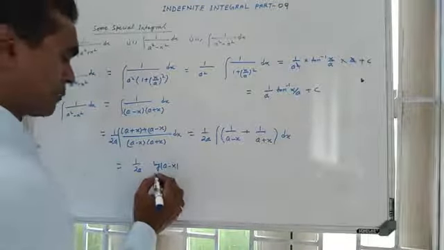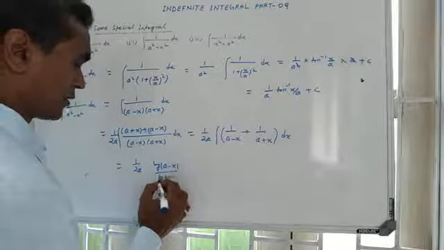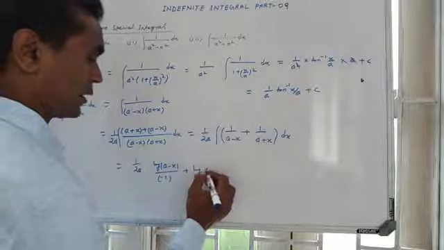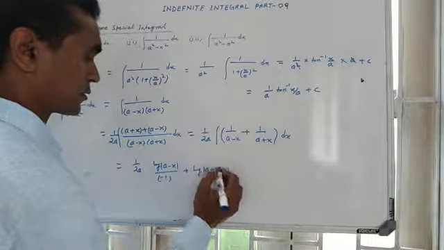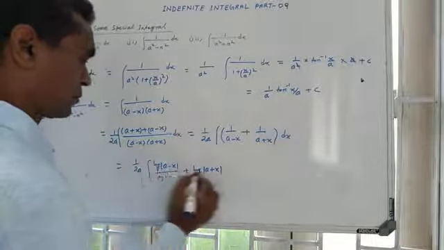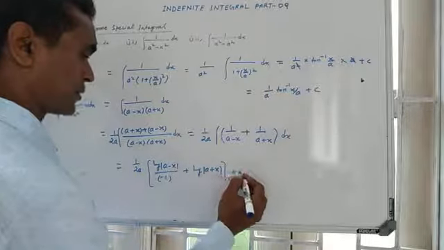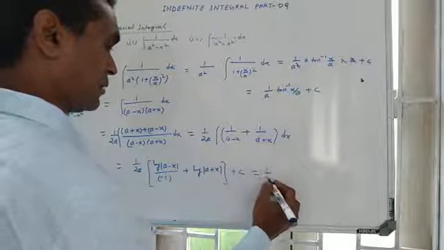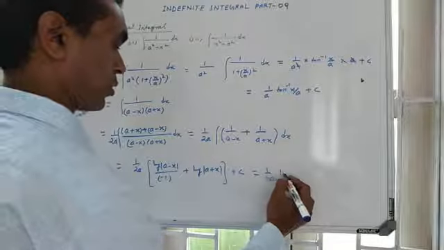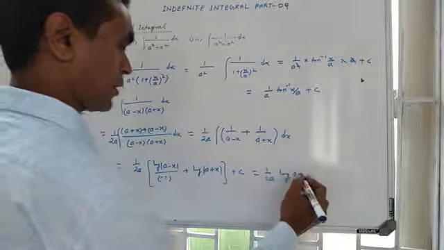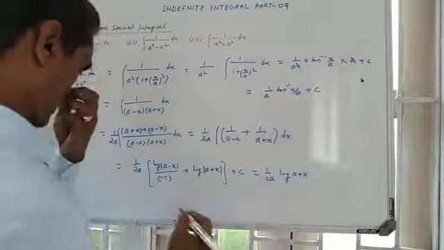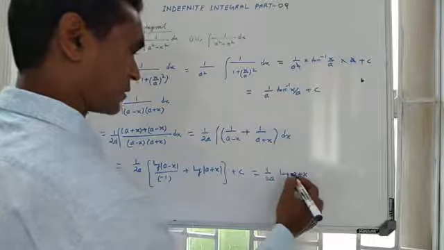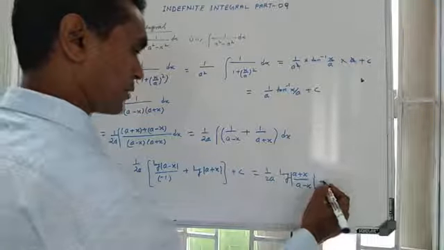The coefficient of x is here minus 1, so minus, and plus log of a plus x, plus c. So finally it will be log of a plus x divided by a minus x, plus c.